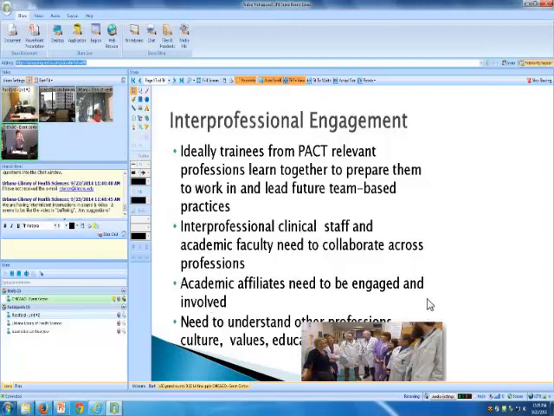The academic affiliates certainly need to be engaged and involved, and we do have faculty from some of the sites come and precept at the VA clinic. Some sites have struggled a little bit with that.